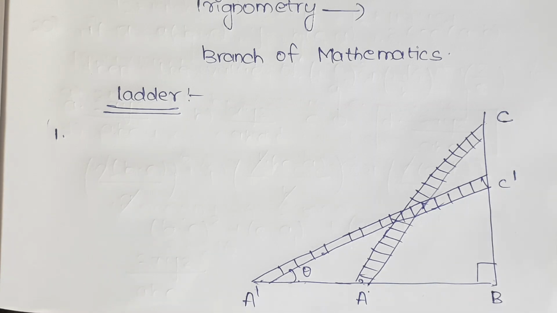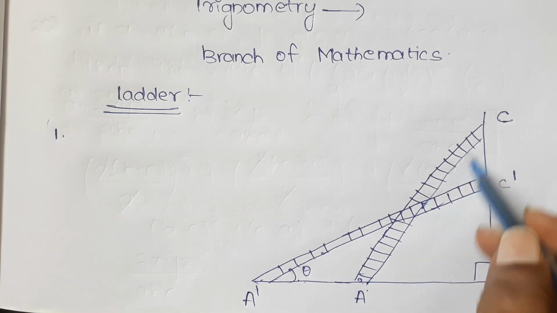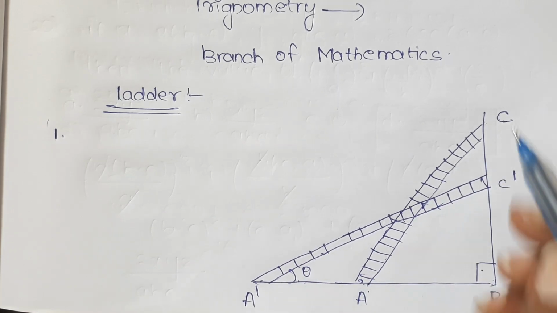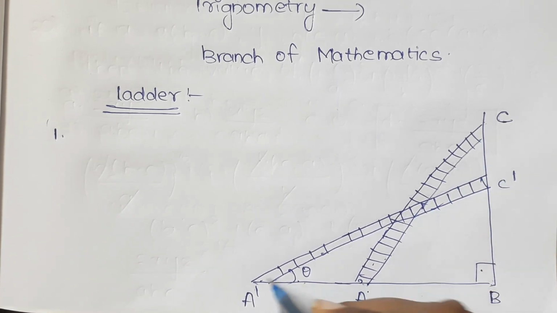Here we have observed in the previous example of the person whitewashing the wall that when he wants to paint at higher or lower points, the position of the ladder should be changed. Here is the first position and the next position.